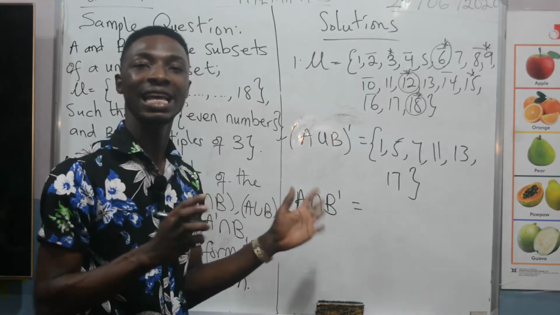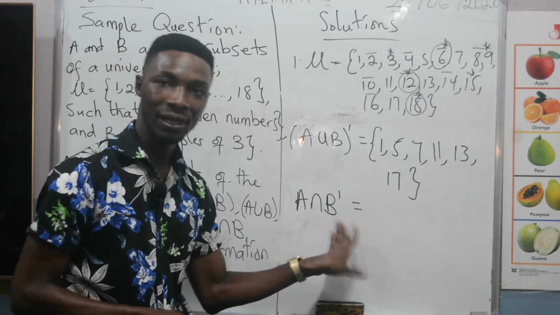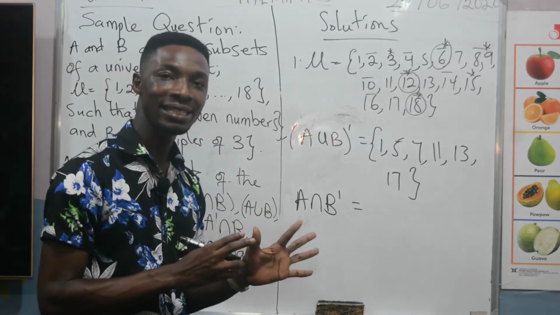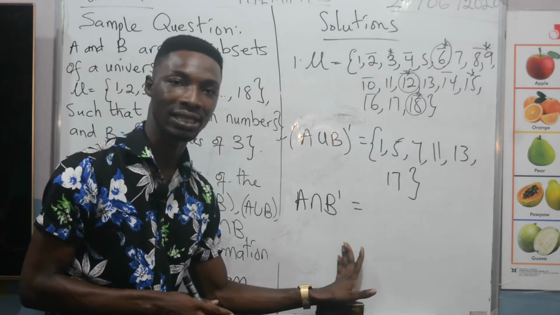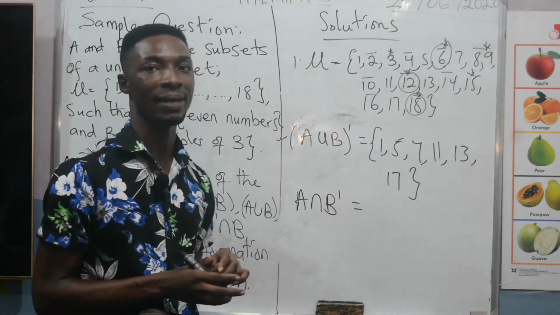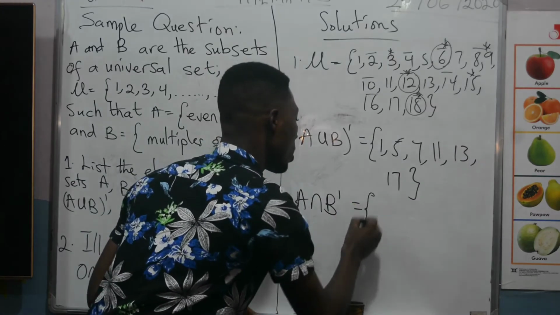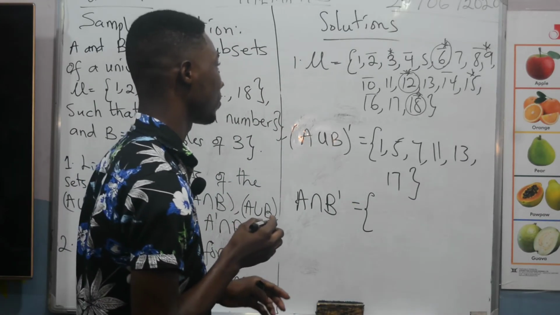The elements they have in common will be put in A intersection B complement. The elements that are found in A and at the same time in B complement will be put in the set A intersection B complement. So, which elements are going to be in A intersection B complement?